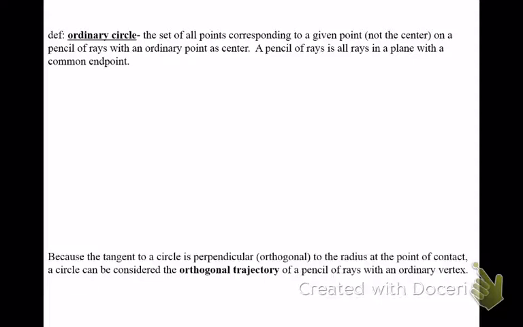An ordinary circle is the set of all points corresponding to a given point, not the center, on a pencil of rays with an ordinary point as the center. The pencil of rays is all the rays in a plane with a common endpoint. So what we have with this pencil of rays is a point on the circle.